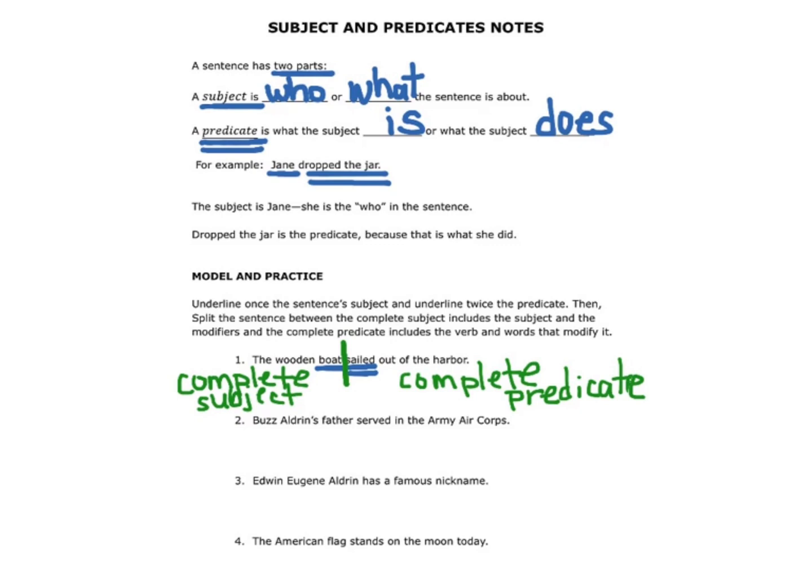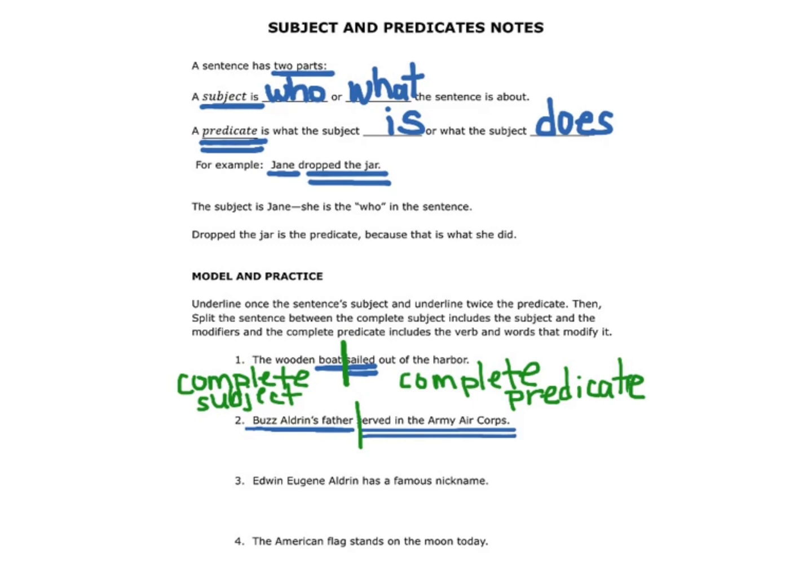Did you underline once Buzz Aldrin's father? That is the complete subject. Did you put 2 underlines under served in the Army Air Corps? That is the complete predicate. So I'm going to draw a line between the 2. It's great. Let's try number 3.